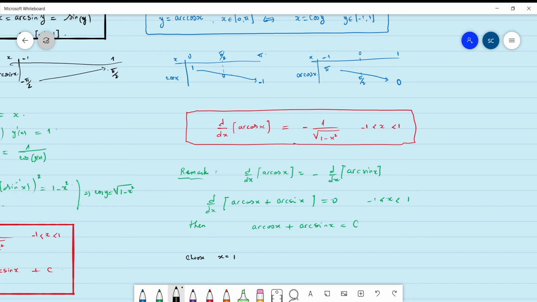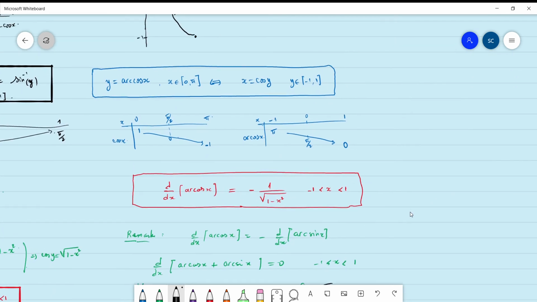Choosing x equal 1 gives arc cosine 1 is 0, and arcsine 1 is pi over 2, so c is pi over 2. Okay, so we have this equality, and now it is justified.